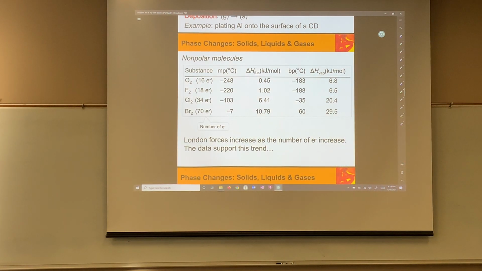All right, so just as a couple of examples here, if I could ask you the question about explain the trend in melting point or boiling point for these compounds here, right? A very typical question that you see at the end of the chapter. So why would oxygen have a boiling point of negative 183 and bromine have a boiling point of 60 degrees Celsius?